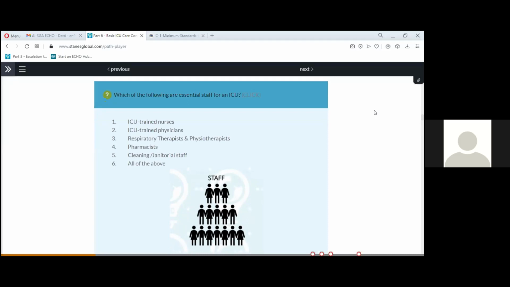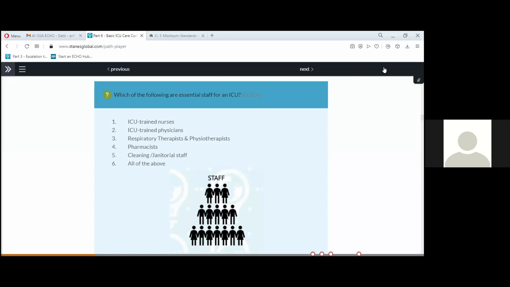The third category is the respiratory therapist and the physiotherapist. The respiratory therapists are very important in the ICU because you have patients that are not breathing well or not breathing at all, and some of them are on mechanical ventilation. Even if they are not on mechanical ventilation, they are on some sort of oxygen therapy, and the respiratory muscles are not in use.